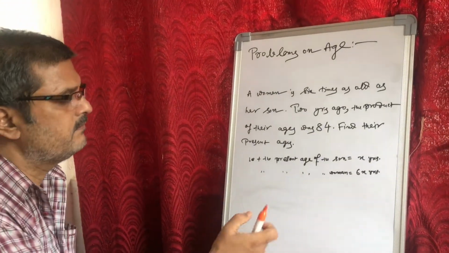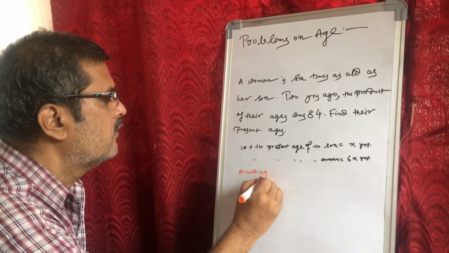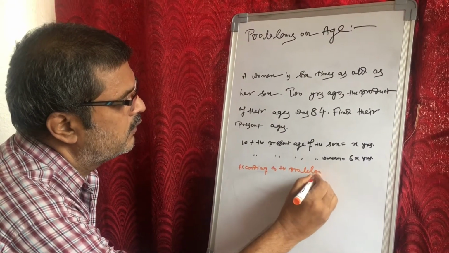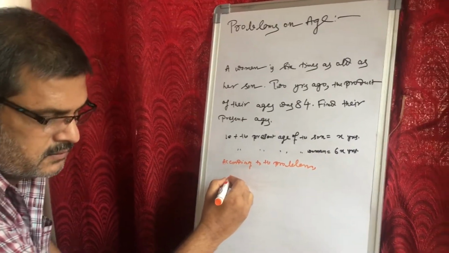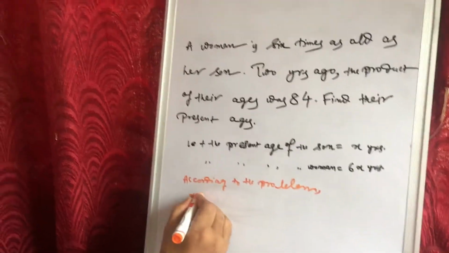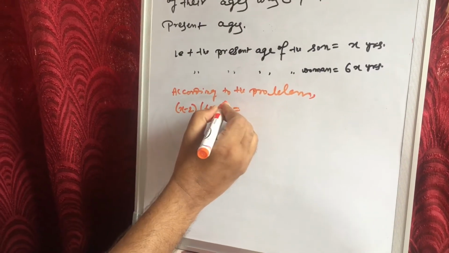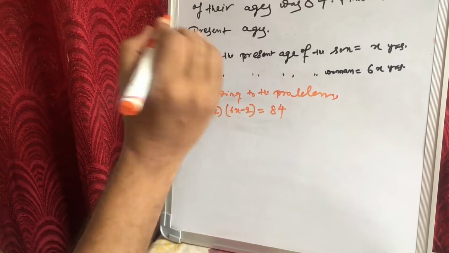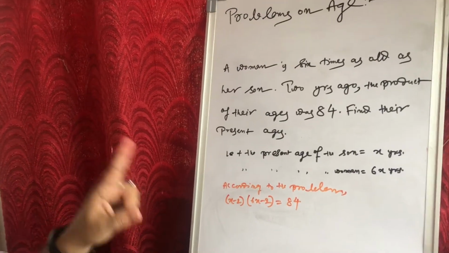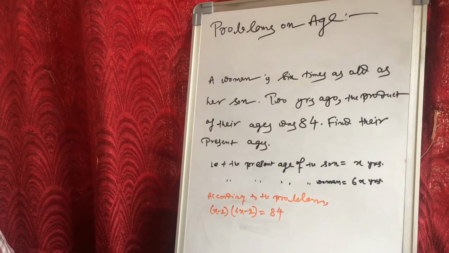Now according to the problem, it is given in the question that 2 years ago the product of their ages was 84.